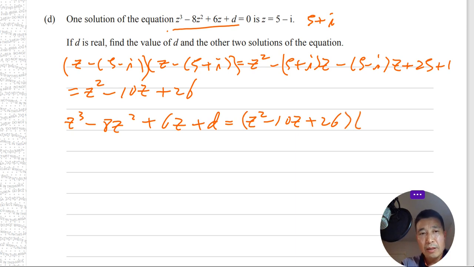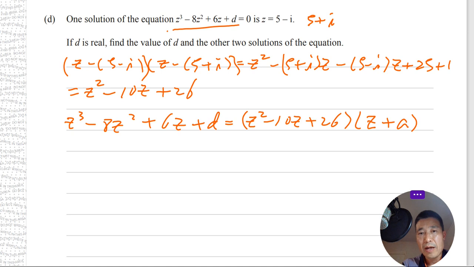So look, the coefficient of z cubed is 1, so it's got to be z, right? Nothing else. It's got to be z. And then plus something. Let's say a is that something, okay? So they are the same. So now to find d, we should find a first.